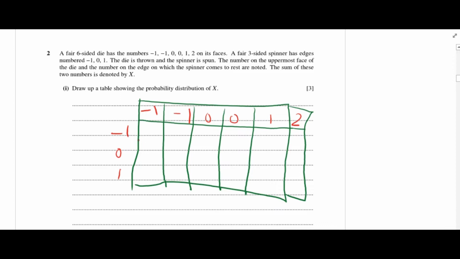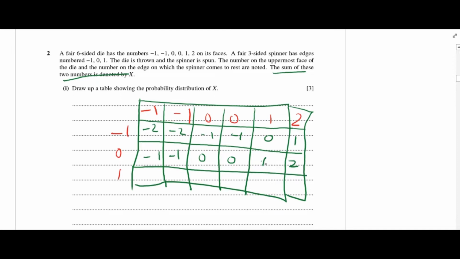The condition is that the sum of the 2 numbers is noted, so we add these numbers. The sums will be -2, -2, then -1, and so on, up to 2, 3. These are all the possible outcomes.